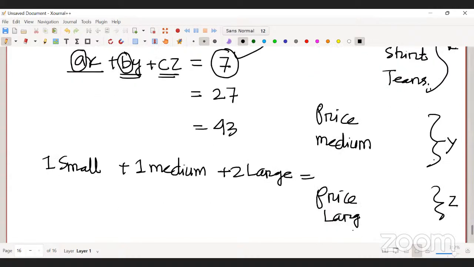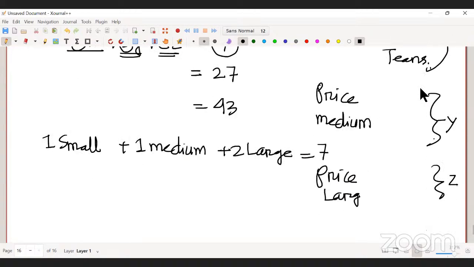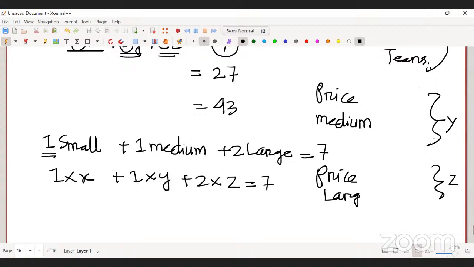Yeah, 7. So now you try to form this into an equation. So the cost of a small size t-shirt is X. So the cost of one small size t-shirt is basically 1 times X. This is 1 times Y. This is 2 times Z, which is 7.